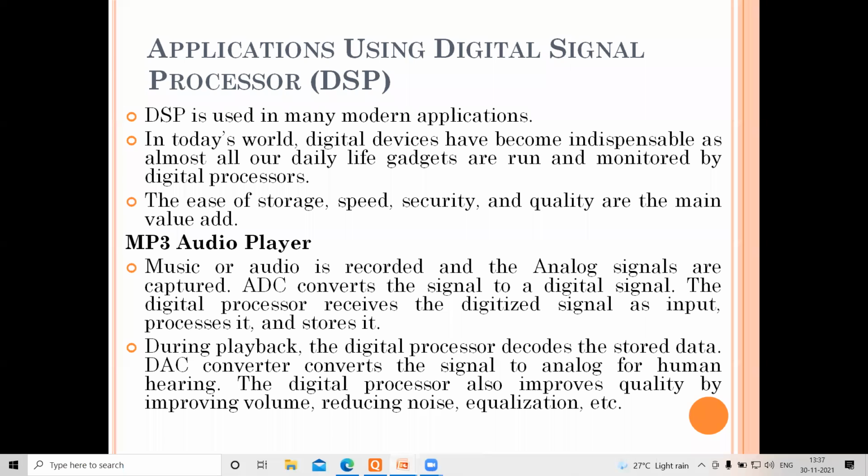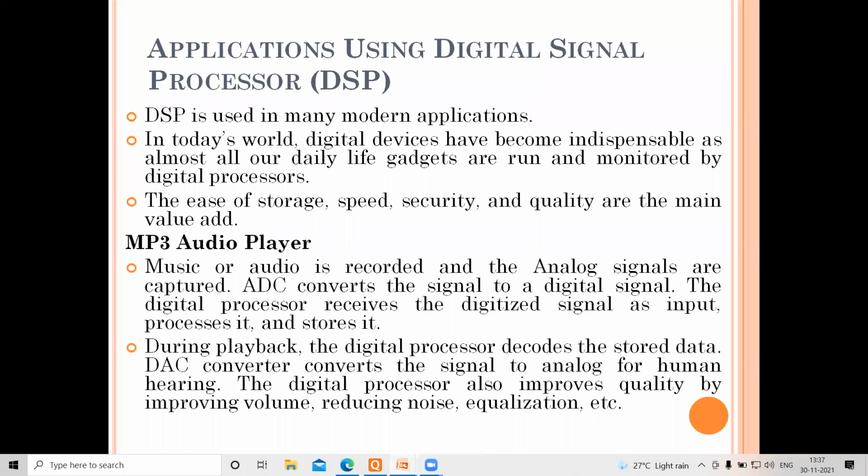Analog to digital converter converts the signal into a digital signal, and the digital processor will receive this digital signal as input and process it. Remember, this information will be in the form of binary, stored in the form of binary. When you want to play back, your DSP processor will decode this stored data, and you'll have digital to analog conversion, because if you play in the digital domain, probably I and you will not be able to understand anything.